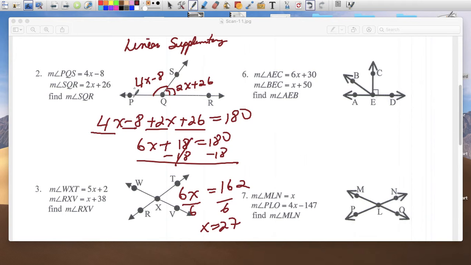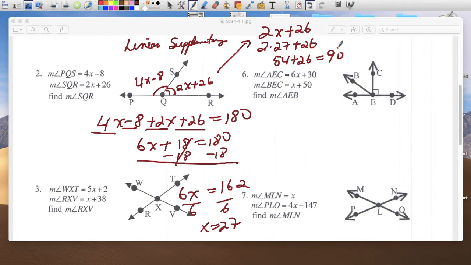So if x equals 27, find SQR. I'm interested in this angle right here. I know this angle is 2x plus 26, and I found the value of x, which is 27. So substitute: 2 times 27 is 54, plus 26 equals 80.